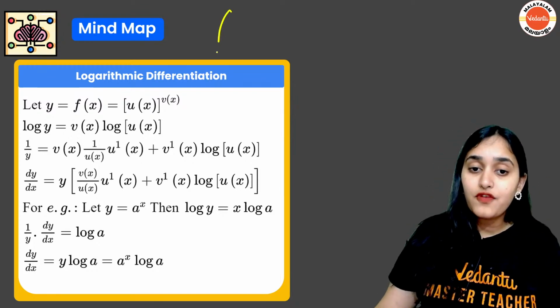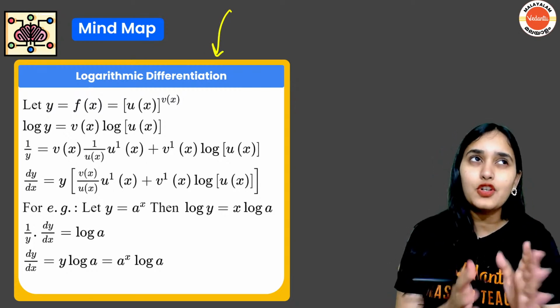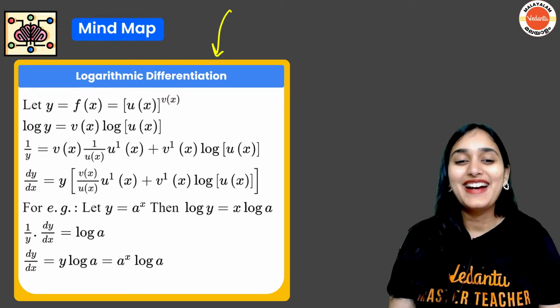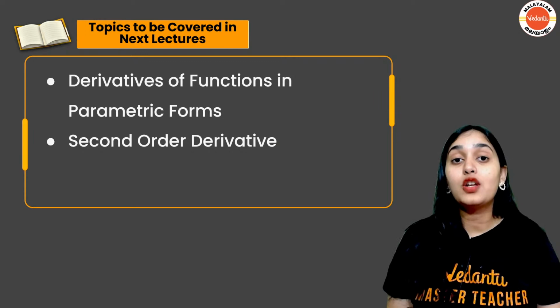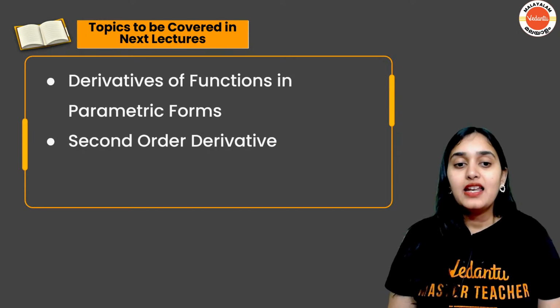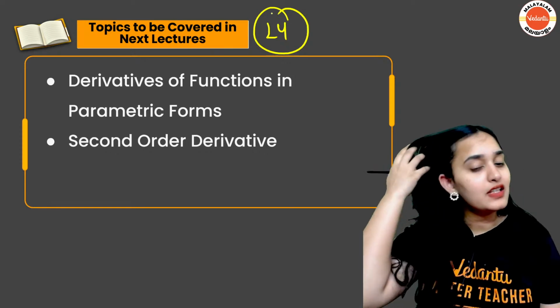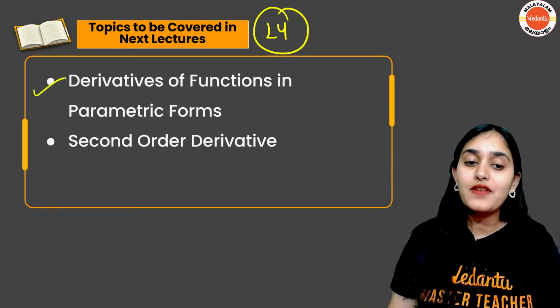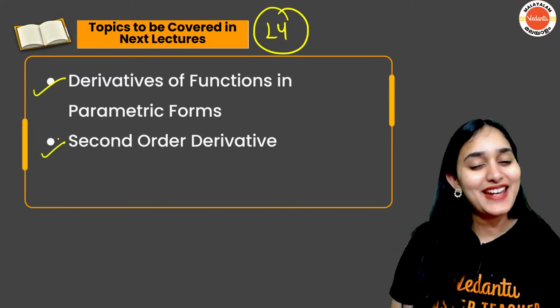Now, this formula mind map will help you understand logarithmic differentiation in future also if you forget it. Okay, so yeah, this is what you should follow when you want to do revision. Now, in the lecture number 4, that is the last lecture of this chapter, we are going to cover derivatives of functions in parametric form and second order derivatives.